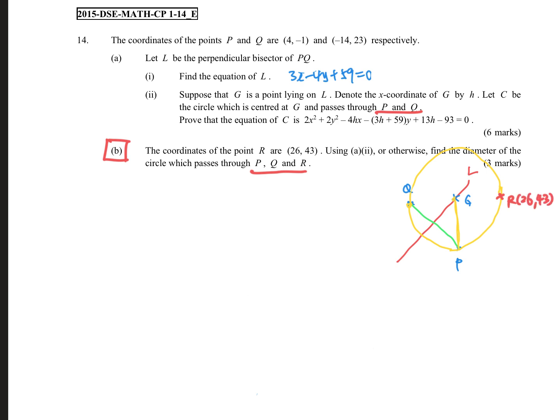And don't forget, in the previous part, the coordinates of G are (h, k), in which of course k depends on h, so the coordinates of G depend on h, which is a variable. That means the yellow circle is not fixed. So how to fix the circle? That's why we have a point R here.